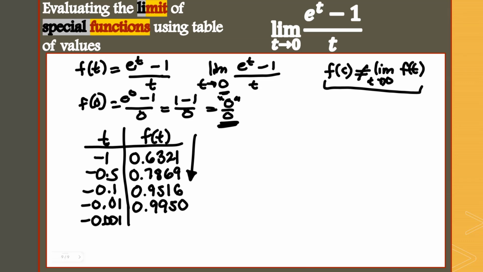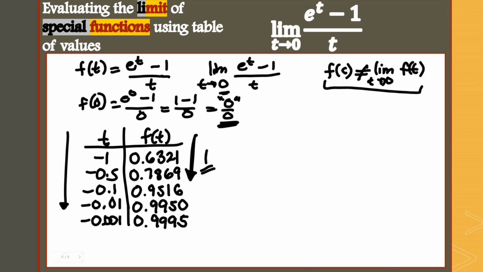And as you try the last value, approximately you will get 0.9995. Using these values of t getting closer to 0 from the left, we can see that our f of t gets closer to 1. This is the limit from the left.